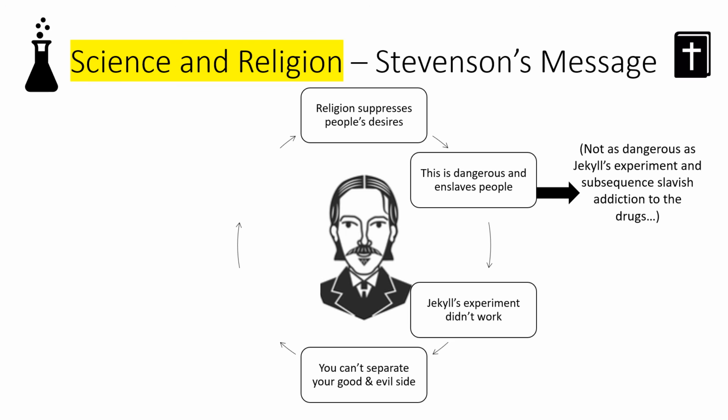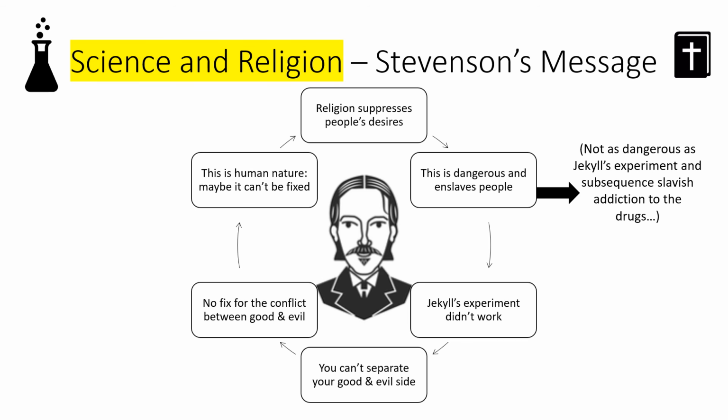That seems to be Stevenson's main message here, that the good and evil side of you can't be separated, because maybe there's no fix for conflict between good and evil, because maybe this is just human nature. It's just the way we are. We're not perfect and we're not completely evil. This is just the way we are, and it can't be fixed. So this is my idea about perhaps what Stevenson's message is in terms of science and religion.